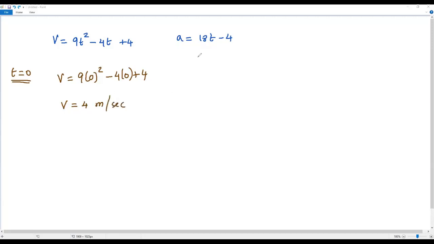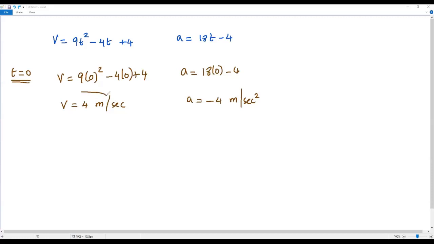Now let's plug in t equal to 0 over here to get the acceleration at time t equal to 0. So a equals 18 times 0 minus 4. 18 times 0 is 0, and 0 minus 4 is negative 4. The unit of acceleration is meter per second square. Now I have the velocity and acceleration at time t equal to 0.